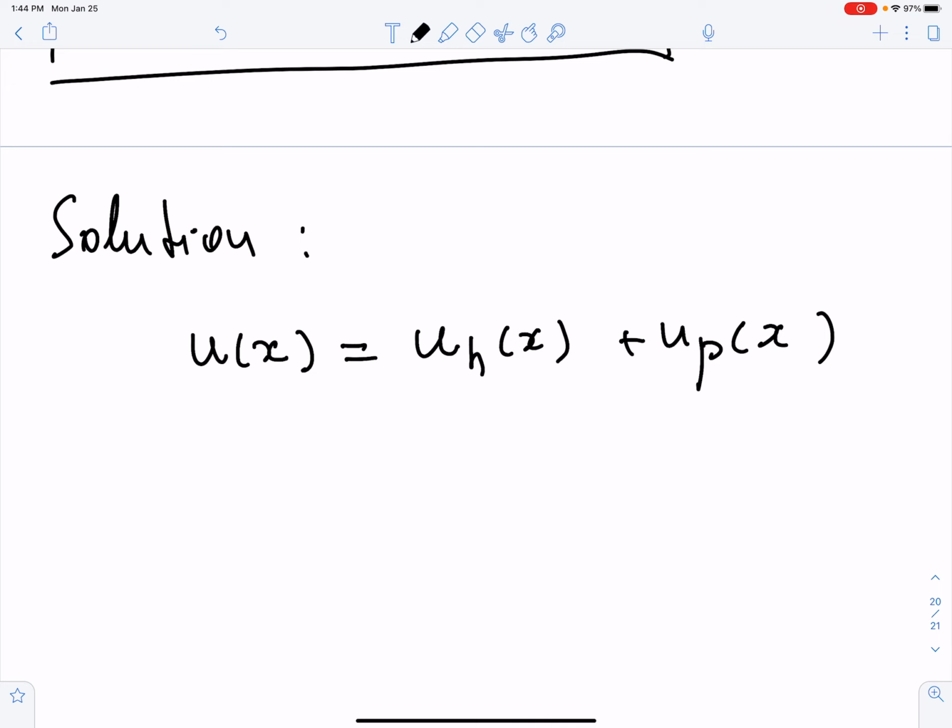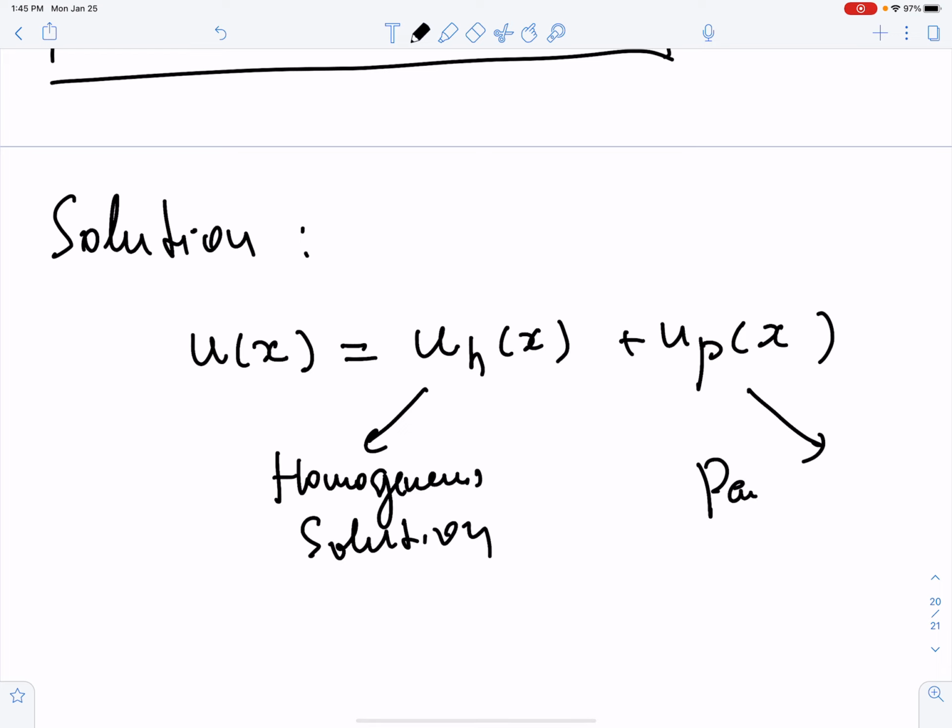This one is referred to as a homogeneous solution. This one is a particular solution.